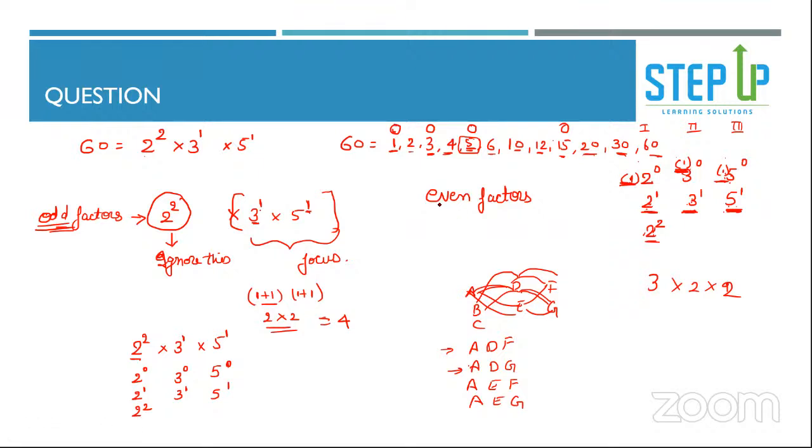So now coming to even factors. Can anyone tell me, for even factors, out of all these numbers, which number will not play any role? I repeat, which number is of no importance? Which number is not important at all? I'll wait for this. Let me see the answers. Which number will not be important from column number 1?